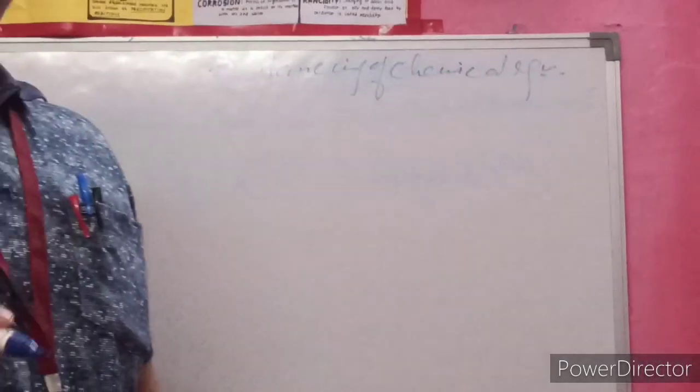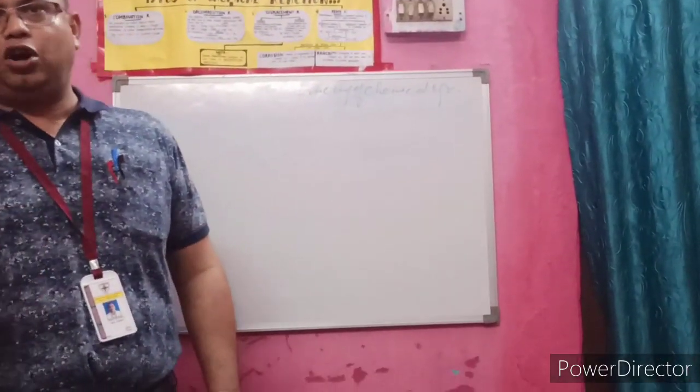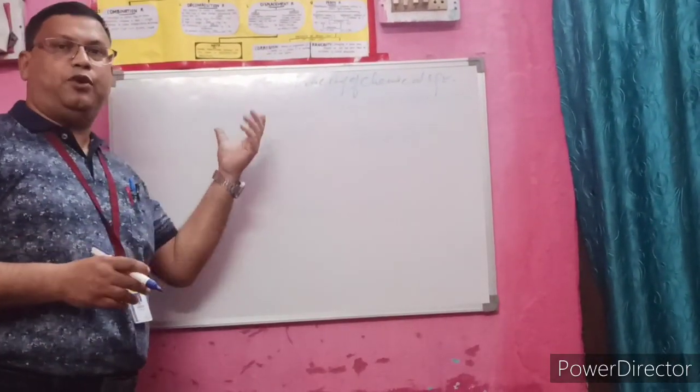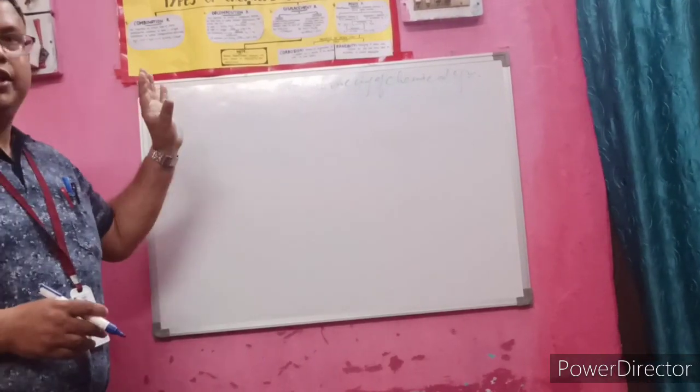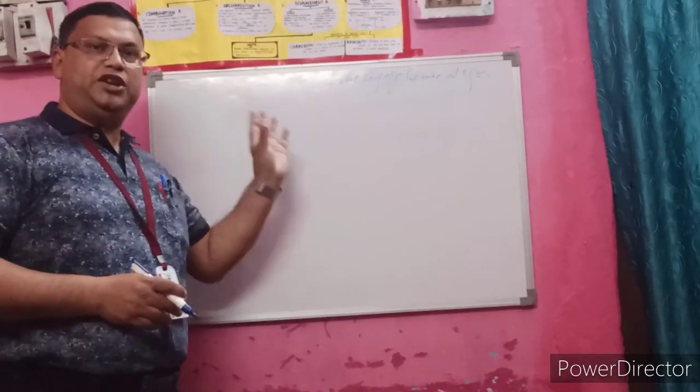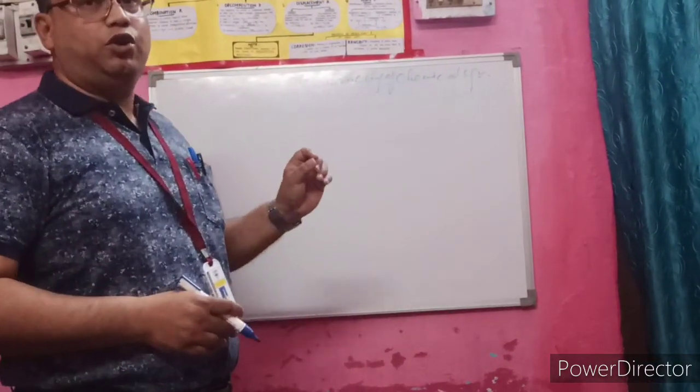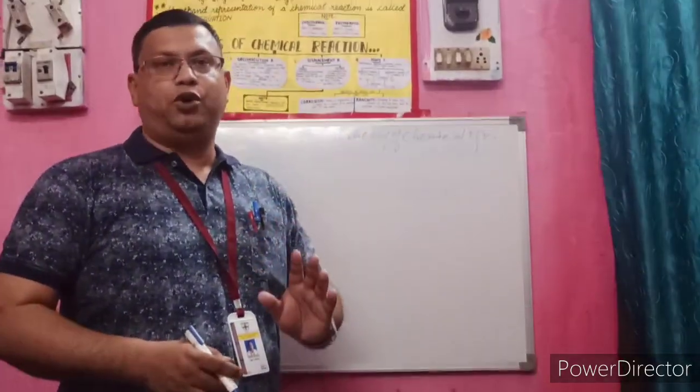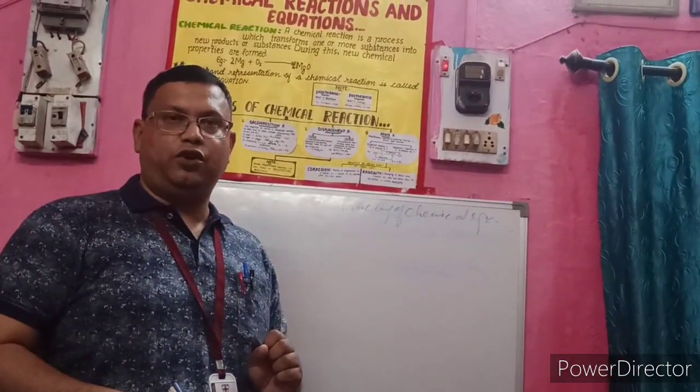Before that, it is very important that you know how to write the equation. For that, whatever you were taught in class 9 about writing the chemical formula, please go through it. Revising chemical formulas is very, very important. How to write the chemical formula.